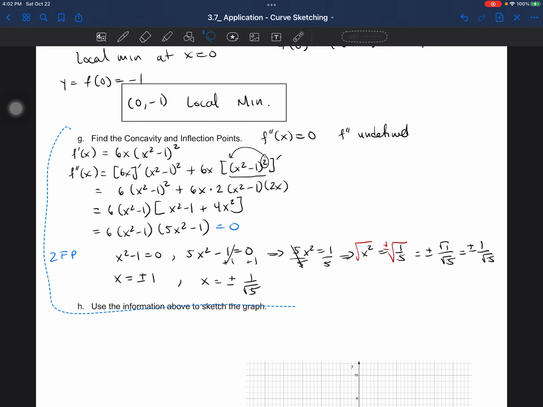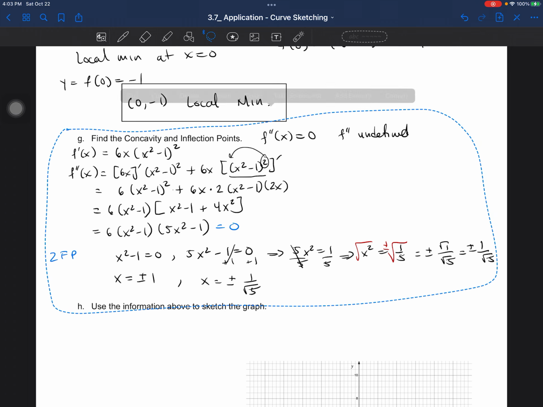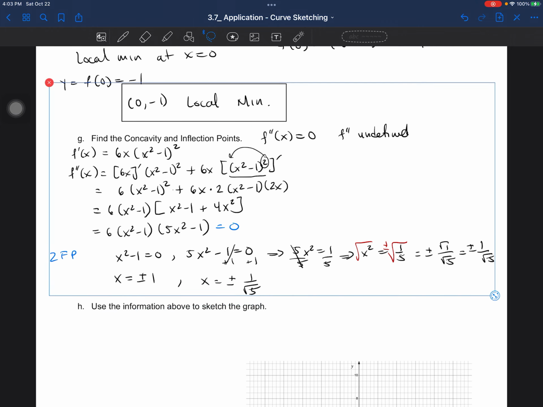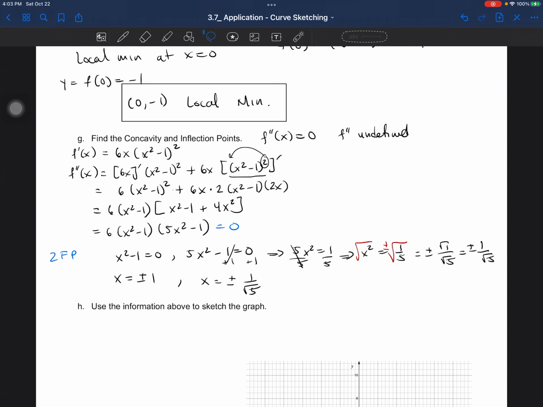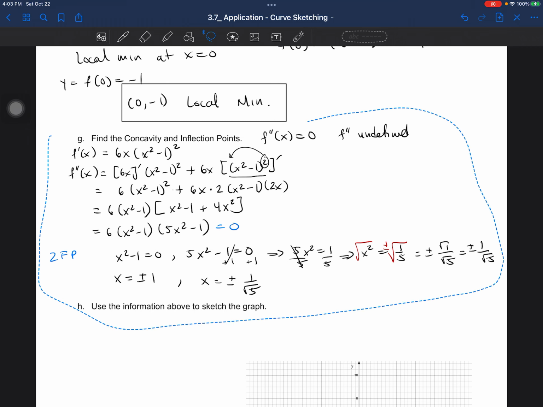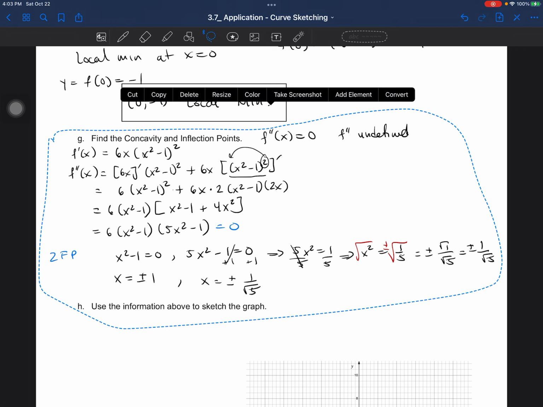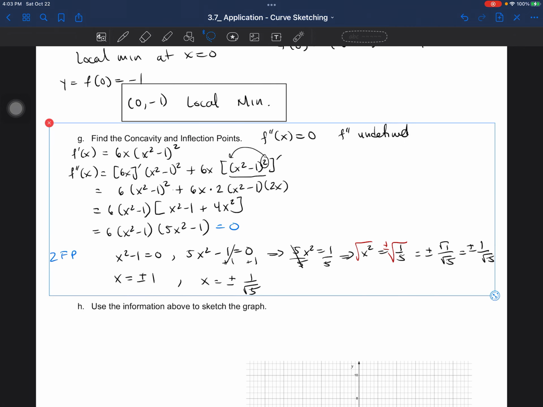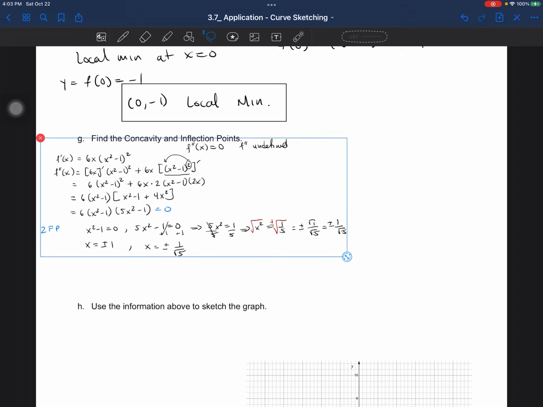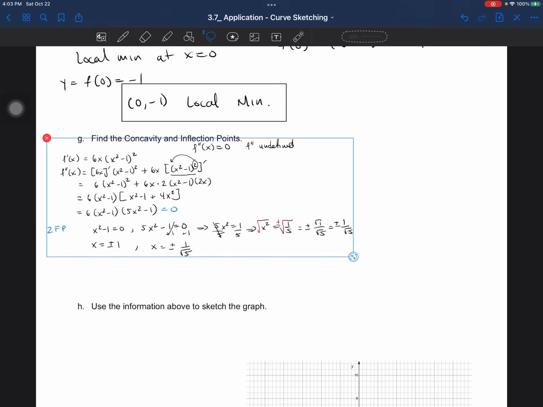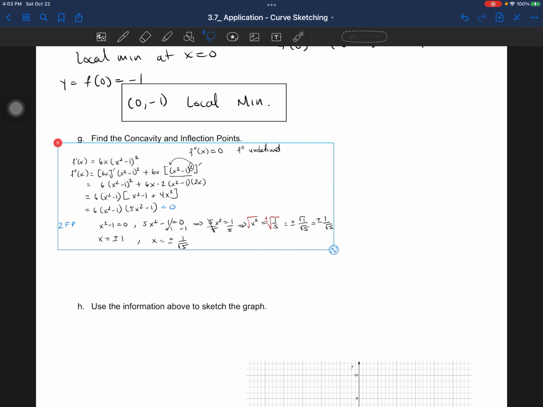So what I'm going to do here is minimize this so I can have extra space.